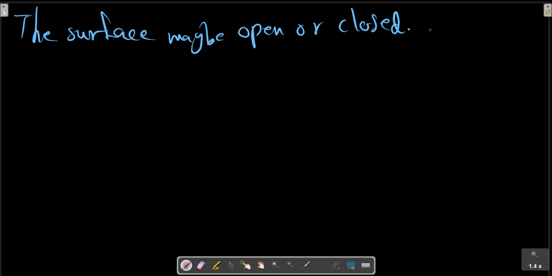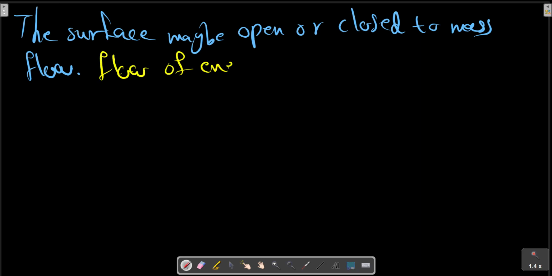It may be open or closed to mass flow, and it may have flows of energy in terms of heat transfer or work.